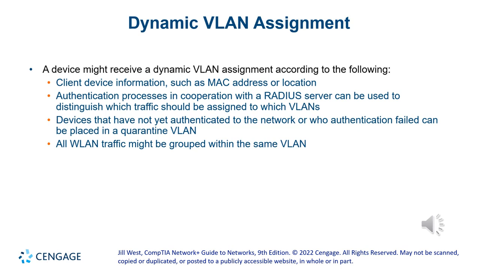You can also have what is called dynamic VLAN assignment. Dynamic VLAN assignment requires a lot more configuration, a few more servers involved in that whole communication. You can be doing that with a RADIUS server. When the connection comes in with the client information, then of course it's going to have the MAC address or the location or the machine name.